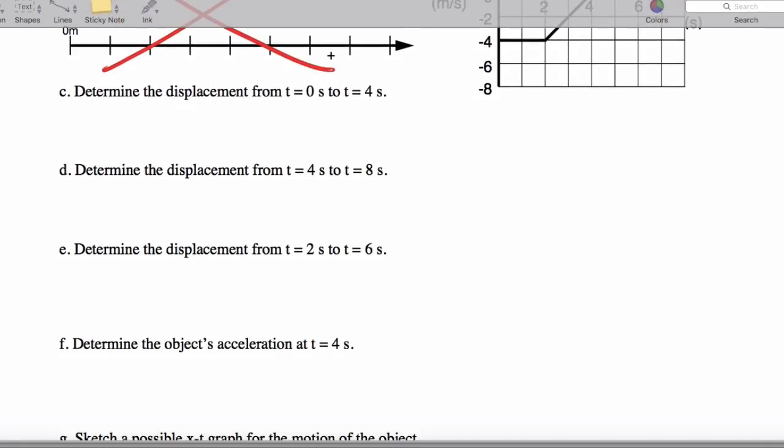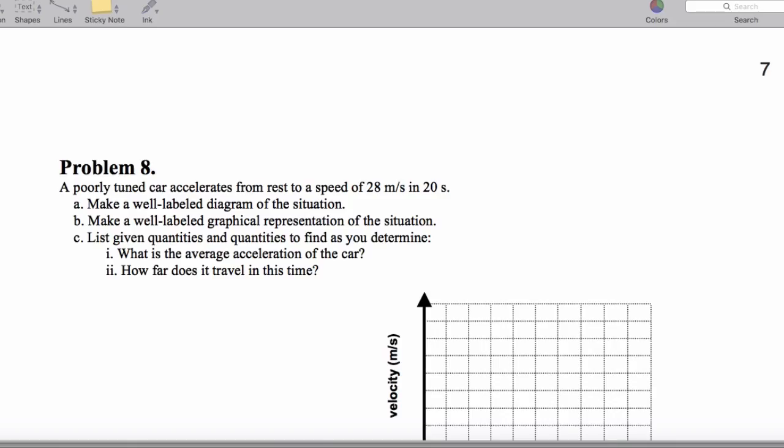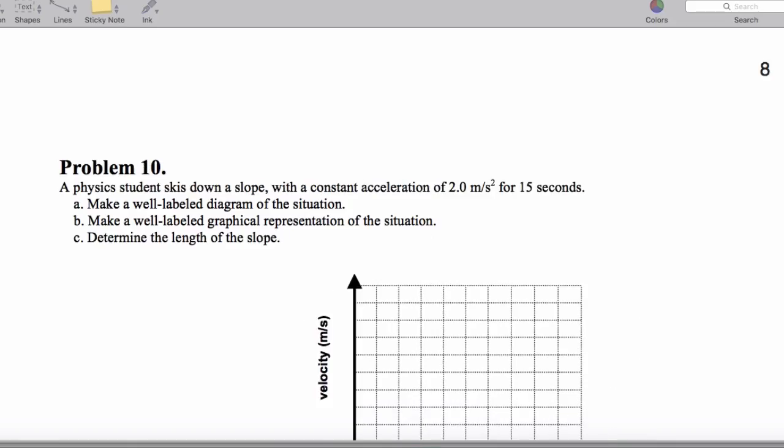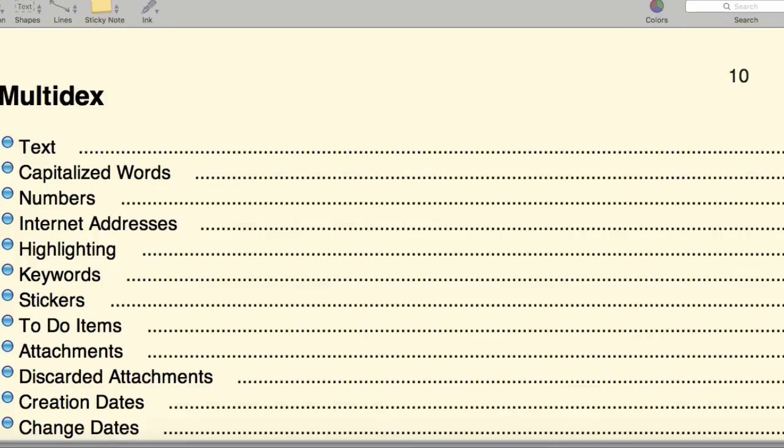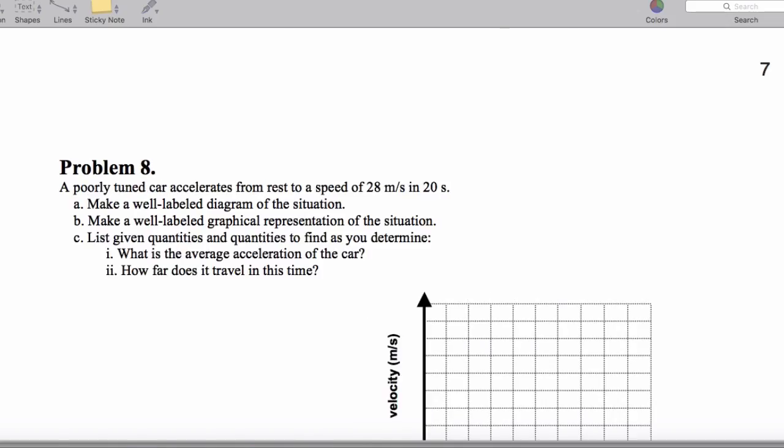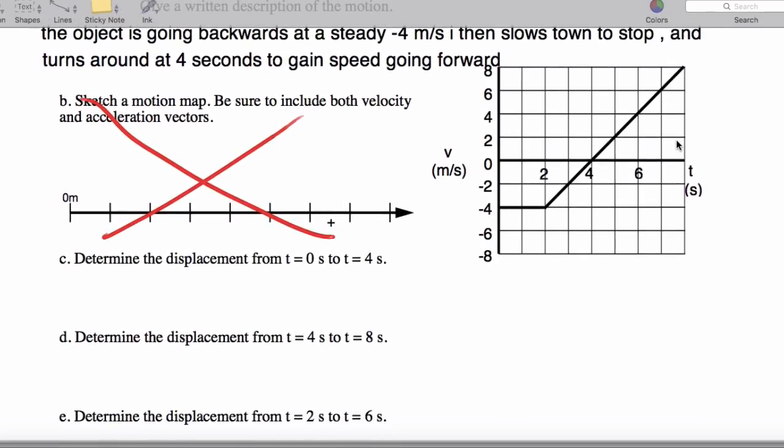All right, so now let's just see. That's good. So with this here, to get the displacement, we'll actually get the area from 0 to 4 seconds. I'm going to go ahead here and do this as a square and a triangle.